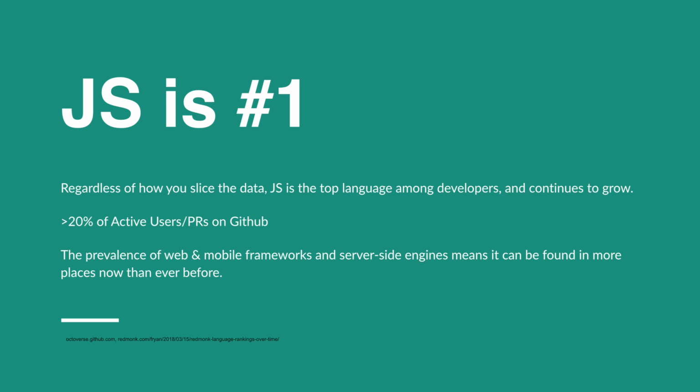You can see this on the actual Octoverse website. If you go over to RedMonk, which is a developer-centric industry analyst group, they have their language ratings as well. And no matter how you slice it, JavaScript is certainly the most ubiquitous language on the internet, but it's also the most popular language to write in.